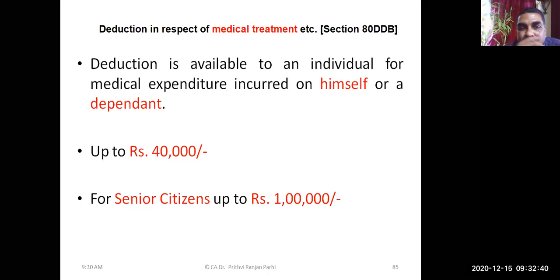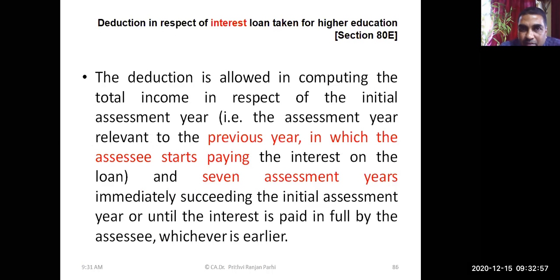Okay, and this is for himself or dependent up to 40,000 and for senior citizens up to 1 lakh can be allowed under section 80DDB.